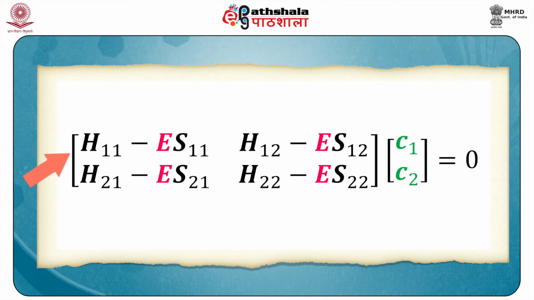Similarly, the second row would be H21 minus ES21 and then H22 minus ES22. So this is the first determinant, and the second is C1 and C2. This is basically a column determinant, and the product of the two is equal to 0. If we expand these determinants, we will ultimately get two secular equations.